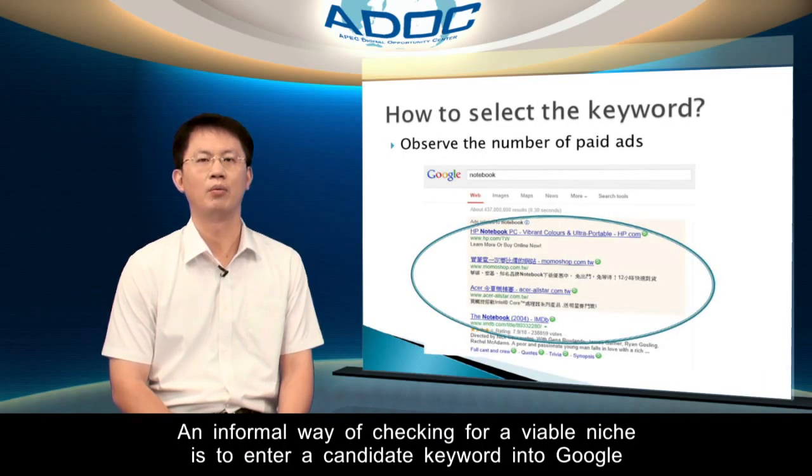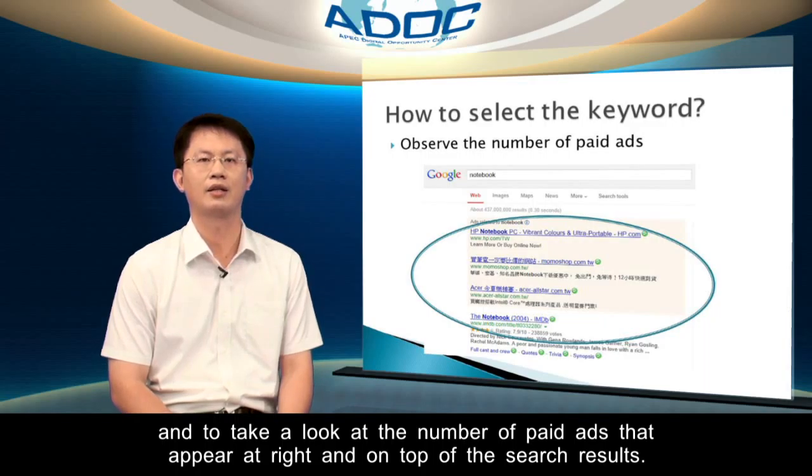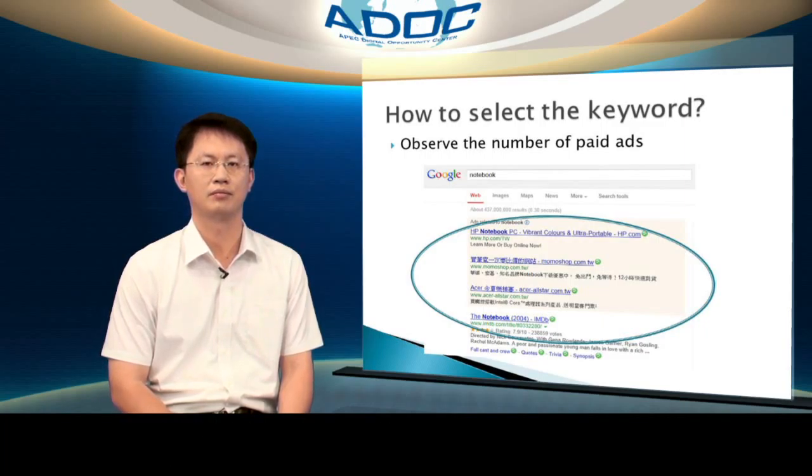And an informal way of checking for a viable niche is to enter a candidate keyword into Google and take a look at the number of pay ads that appear on the right and on top of the search results.